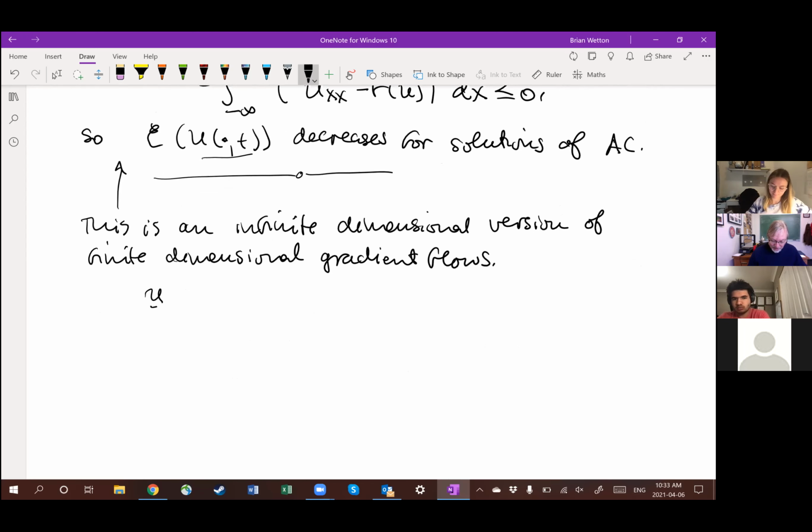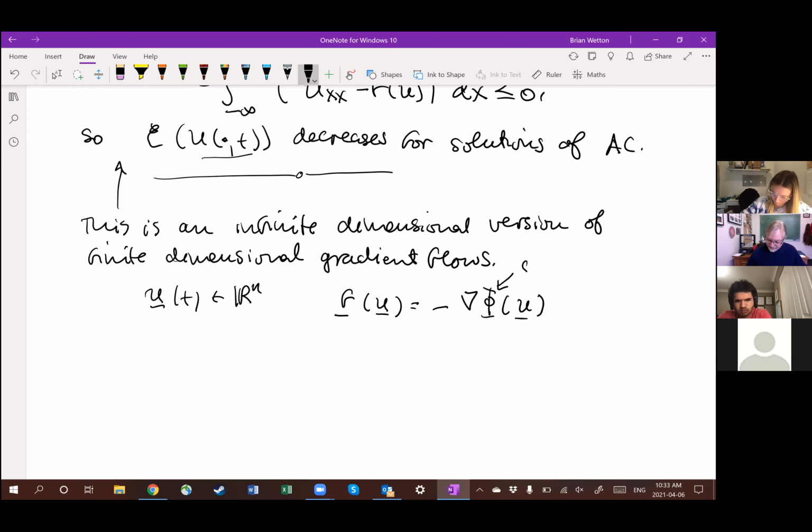So I'm going to talk about a u that's not a function of x, but just a vector. And I'm going to talk about a right-hand side term, which is minus the gradient of a function.